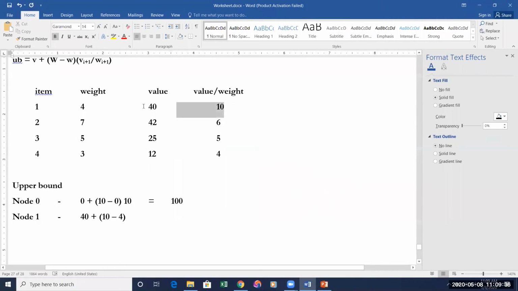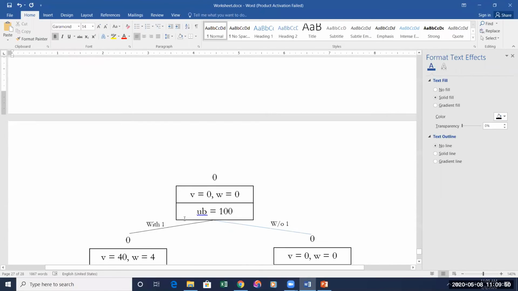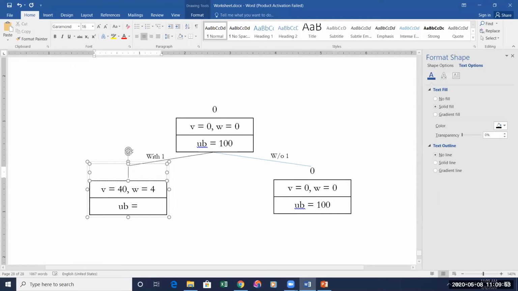So you are considering the first item now. What is the value by weight of the next item? It is 6. 10 minus 4 is 6, 6 into 6 is 36. 36 plus 40 is 76. This is node number 1. It gives the value 76.